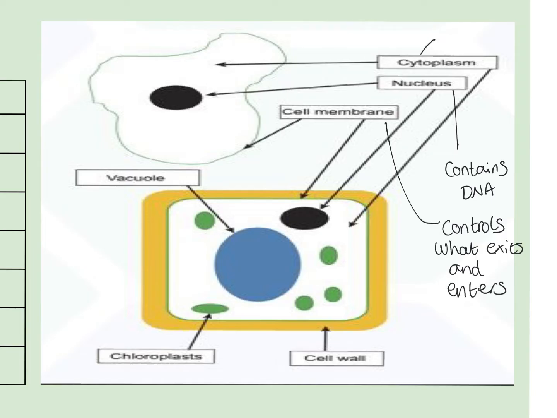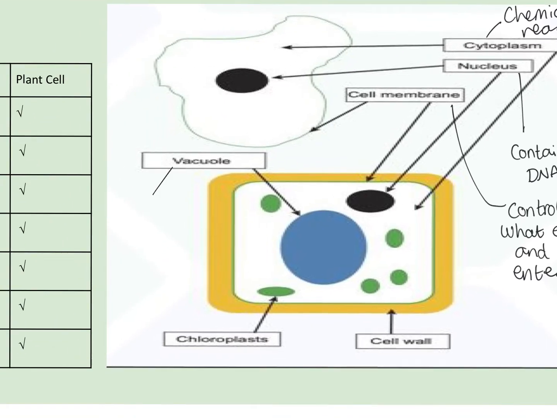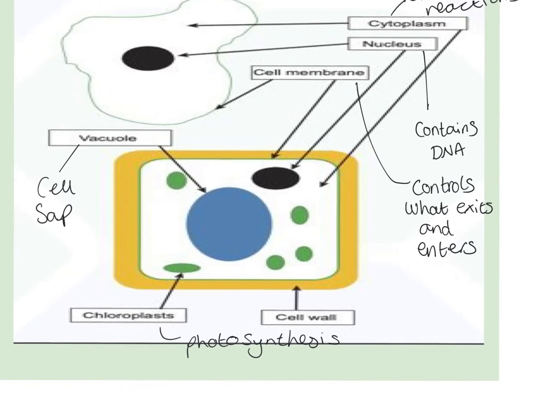Okay, cytoplasm is where chemical reactions take place. Vacuole contains the cell sap. Chloroplast is the site of photosynthesis. And then cell wall is for making a plant cell rigid.